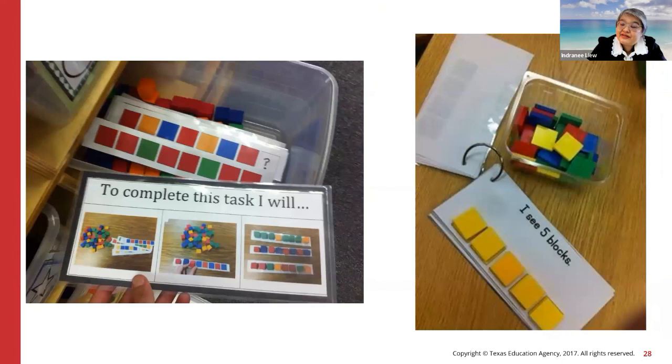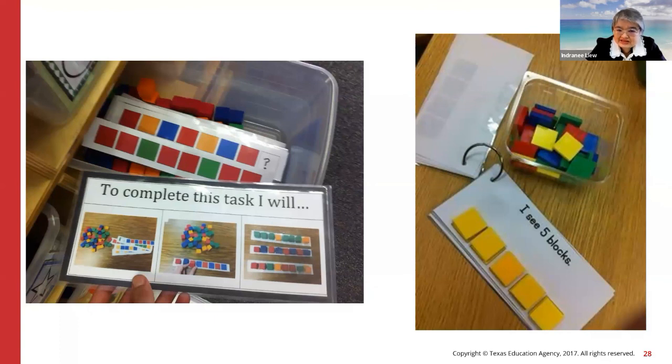Again, this is clearer. Instructions. Open the box. It says, to complete this task, I will. So you have 2 sets. You've got colored cubes, and then you've got the instruction guide. Take one, put it on the floor. Then take the cubes and put them on the pattern.